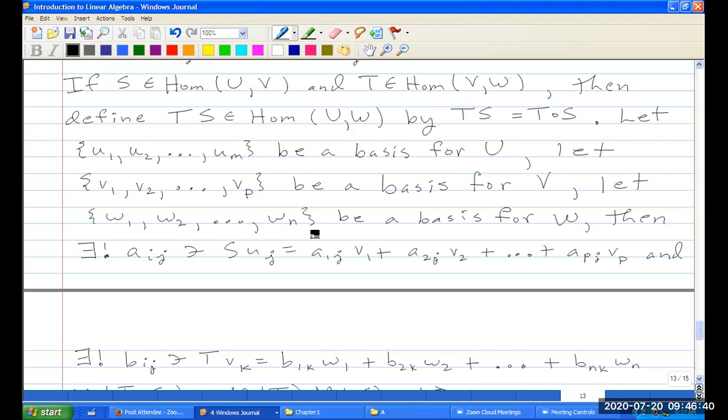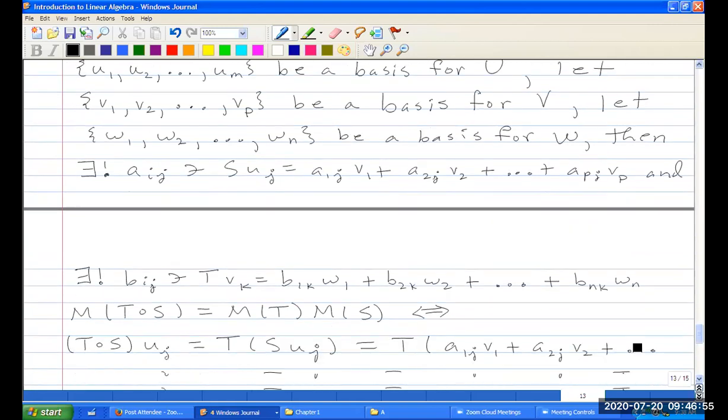And there exist unique B sub ij such that T Vk is B1k W1 plus dot dot dot BNk WN.